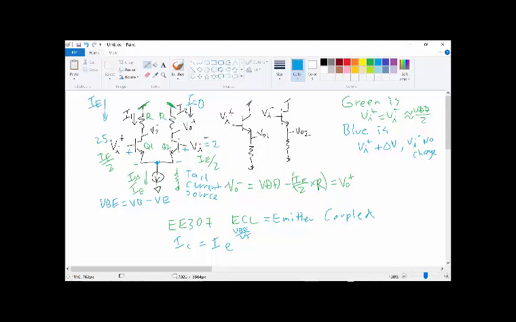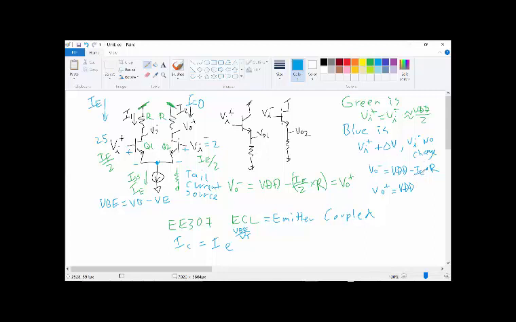That's the basic operation of this. If VI plus is greater than VI minus, current goes to the left side. And if current goes through the left side, then all of your current is going through your left side, so V out minus equals VDD minus IE times R. And then V out plus, since there's no current going through that side, basically equals VDD.